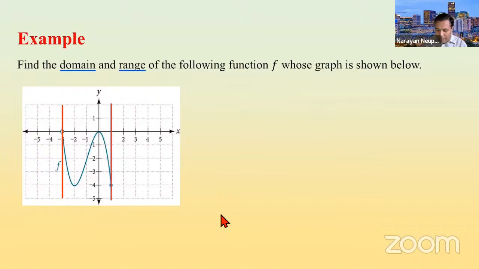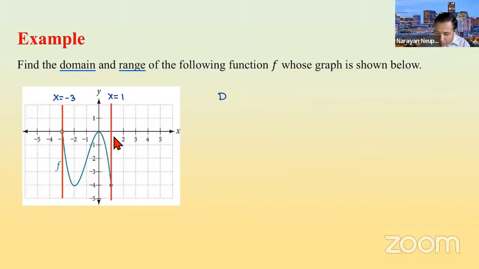So if you look at that graph, you can see that the graph is between those two values, right? The x values I'm talking about are from -3 up to 1. That is from x equal to -3 up to x equal to 1.